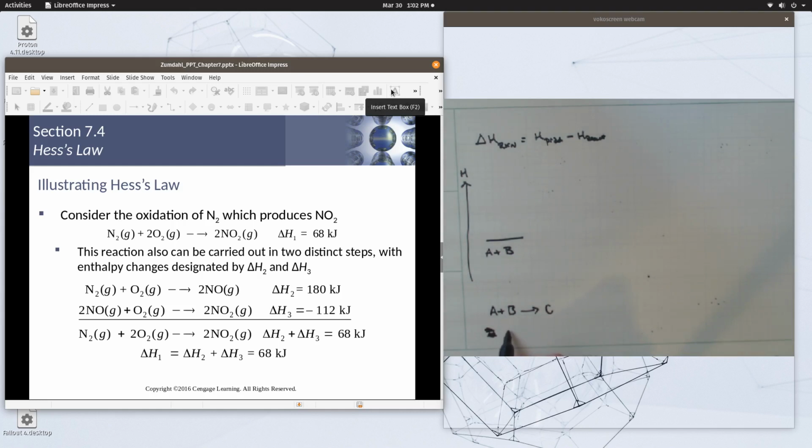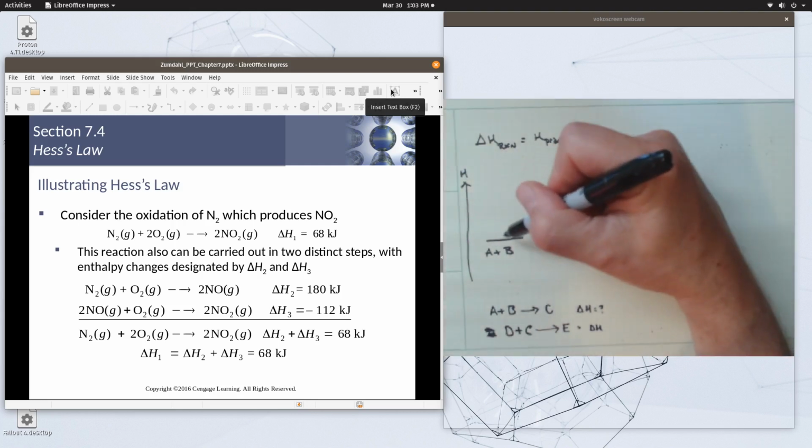Let's say that D plus C gives me something, let's call it E. And maybe I have the delta H for this, which is known.